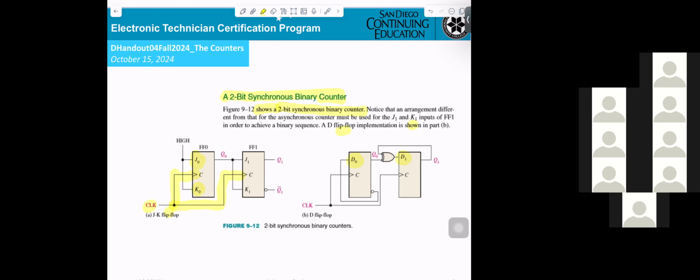Same thing: either D flip-flop or JK. The important thing here is the clock goes to the first one and also goes to the second one. So now you know the difference between a ripple counter and a synchronous counter.